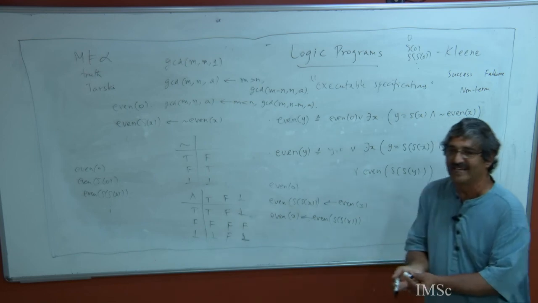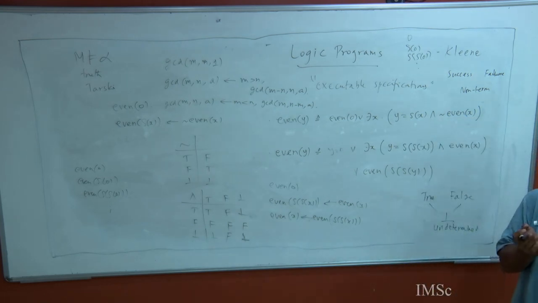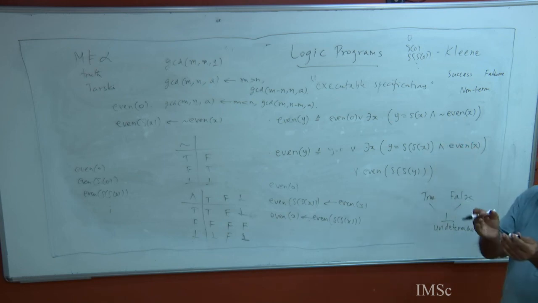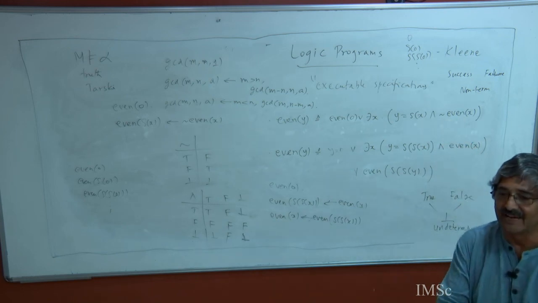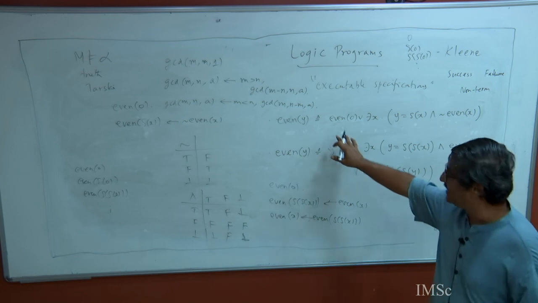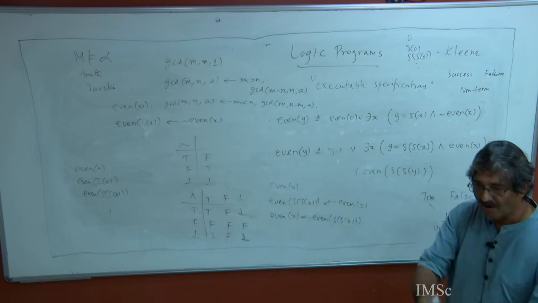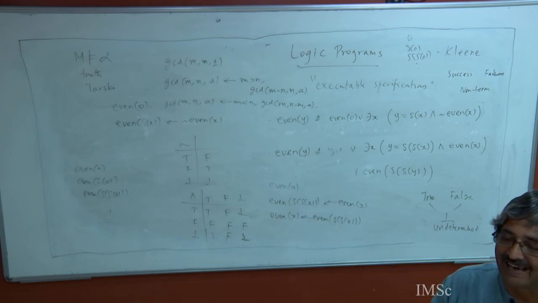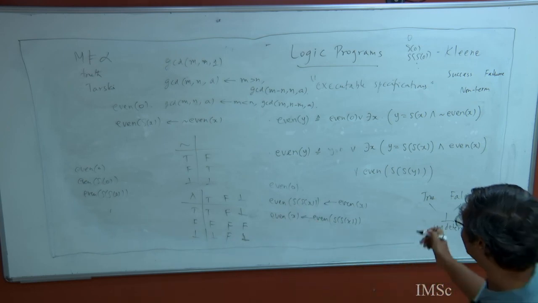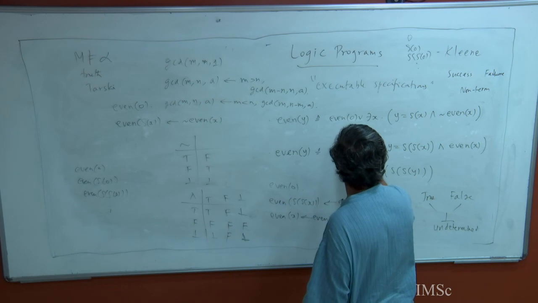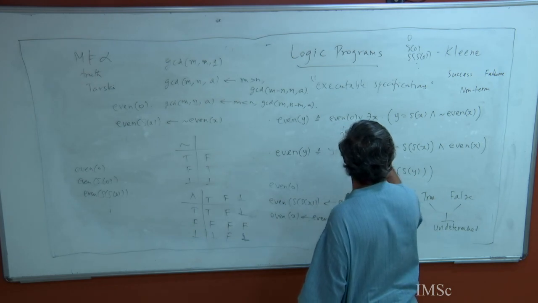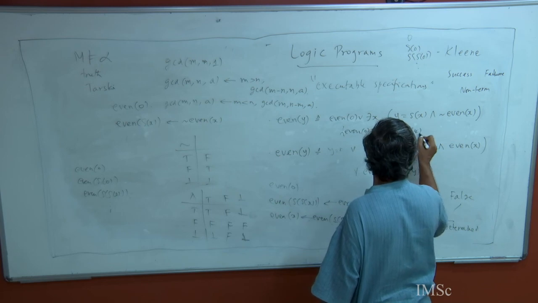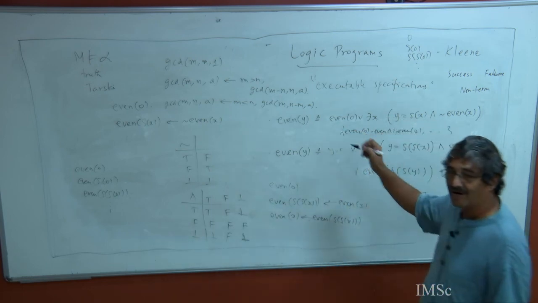It starts with even 0, takes that as input, from that determines 1 is not even, and now it takes as input 0 is even, 1 is not even, from that it determines 2 is even, and so on. It keeps going, and in the limit it gets this set: even 0, even 2, even 4, and that's the Herbrand model of this formula.